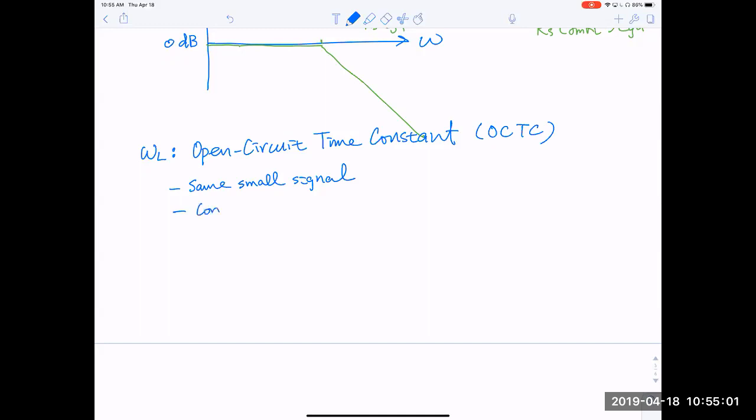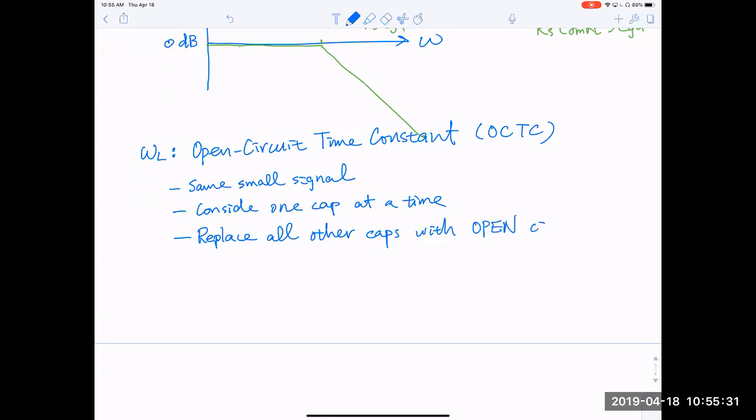So we consider the effect of one capacitor at a time, okay? But here is the difference. We replace all other capacitors with open circuit. Okay, that's the difference.